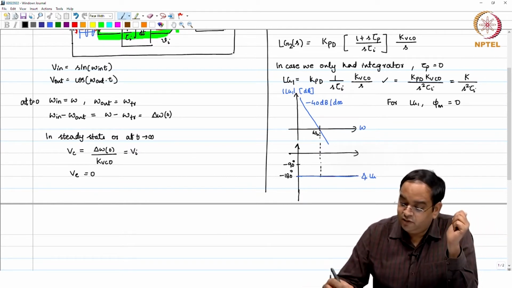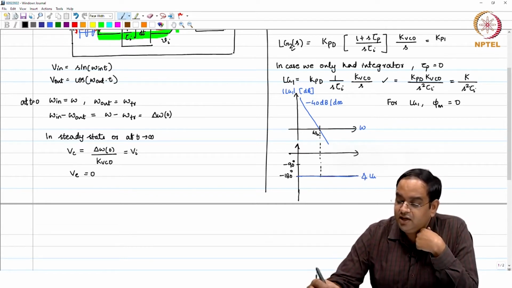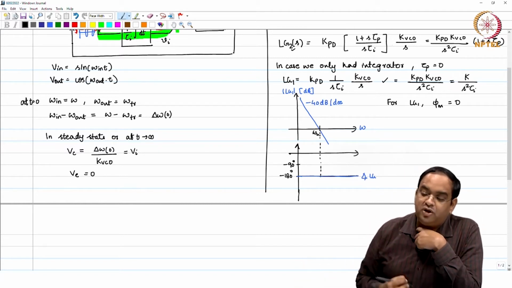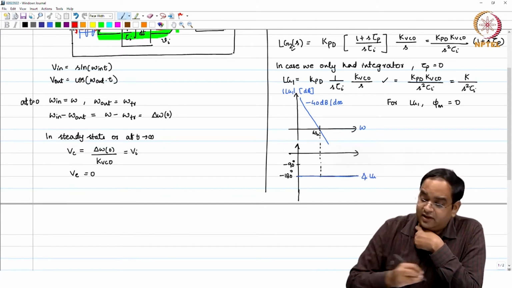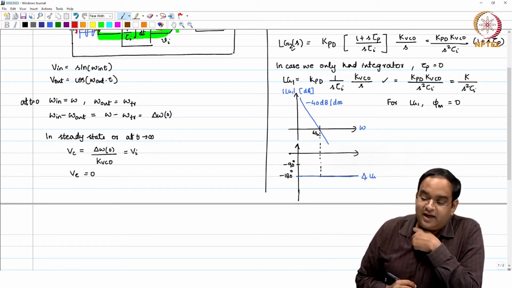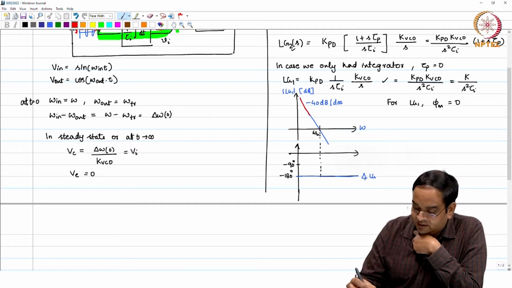In the other case, for loop gain 2, you see that this is KPD times k VCO divided by s square tau I into 1 plus s tau p. So, you have a 0 at 1 over tau p. Okay. So, in case we place our 1 over tau p lesser than the unity gain frequency, your loop gain 2 will be something like this.